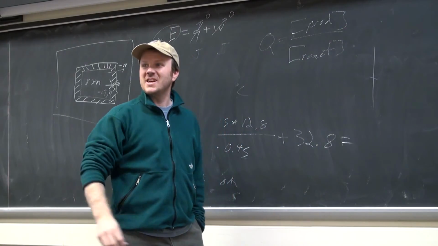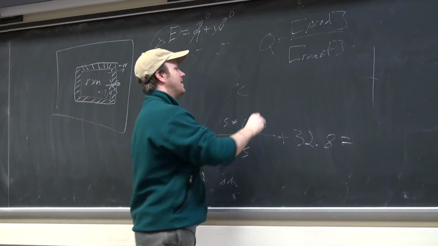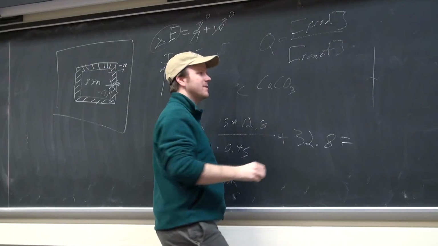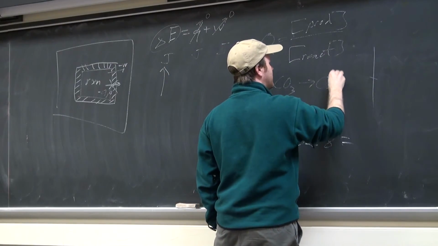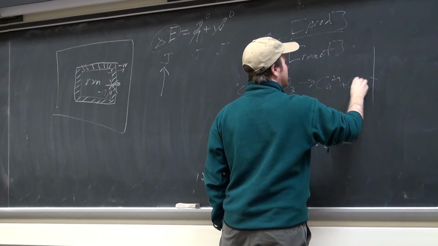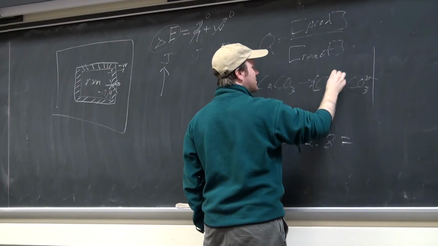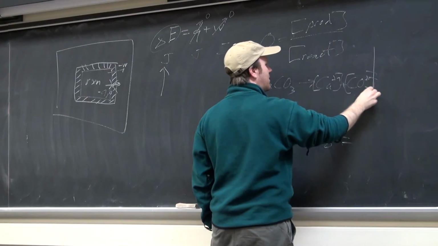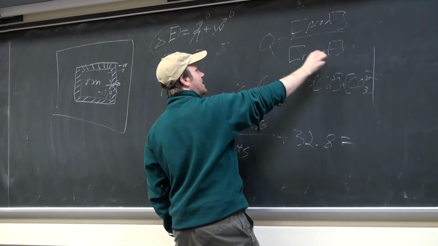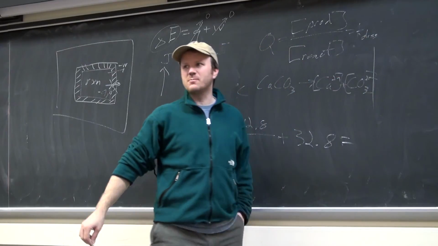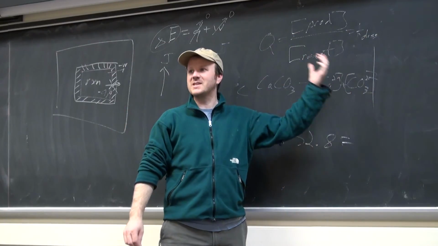So for something that's slightly soluble, like calcium carbonate, gonna go to Ca2 plus and carbonate 2 minus. These concentrations are going to be very small, right? And so K dissolution is going to be small because you don't have many ions, right? Slightly soluble.